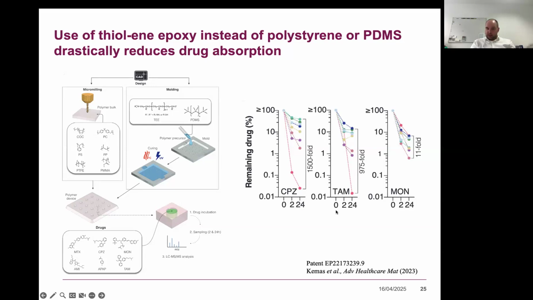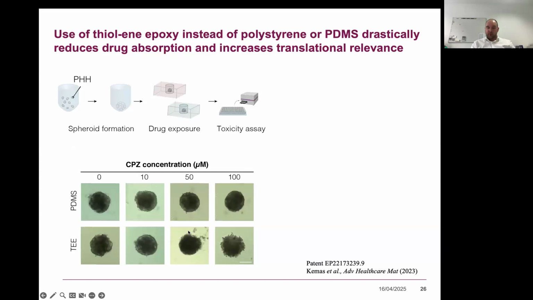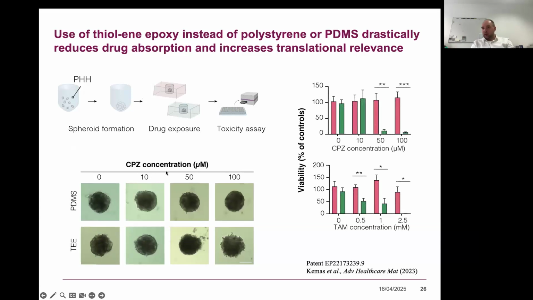And this is in a cell-free context, and then we also evaluated that in the context of our liver spheroid assay. So we now add liver spheroids either to the thiol-ene epoxy chips or to PDMS, and expose them here in this example to chlorpromazine again, the one with the worst absorption.